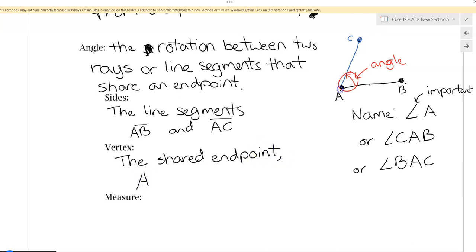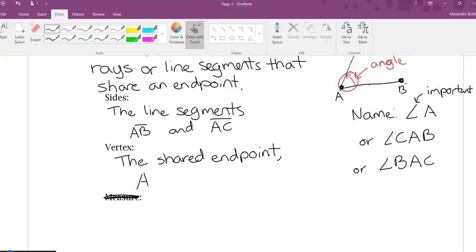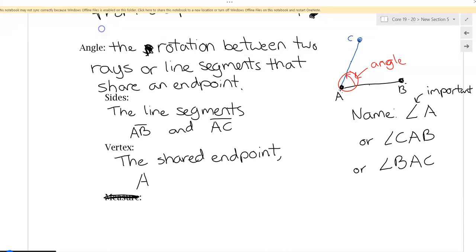That's just point A. And again, if it's just a point, we don't write anything. It doesn't get a symbol. Okay? And we're not going to worry about measure right now. We'll do that later. Okay? One thing to be aware of is our vertex A is always in the middle of the name.